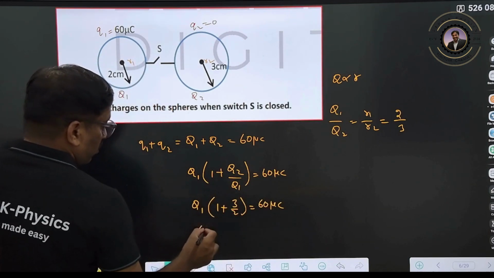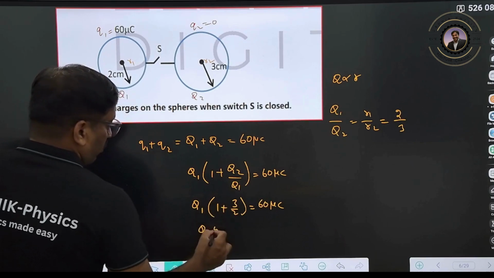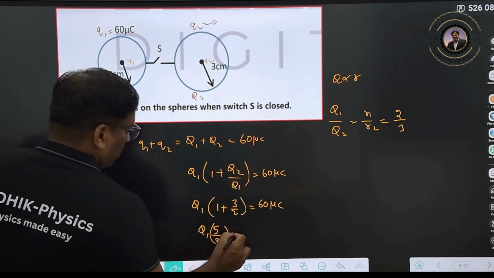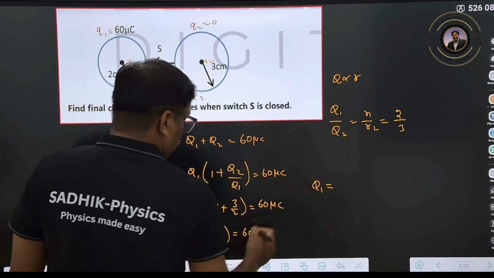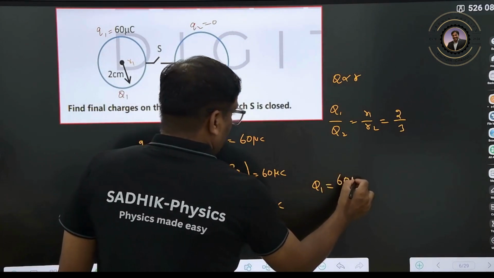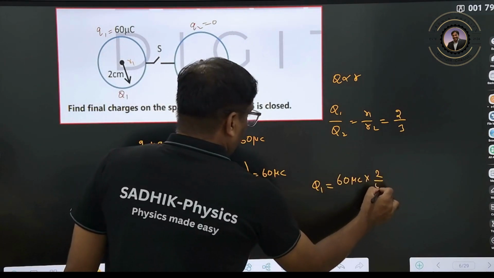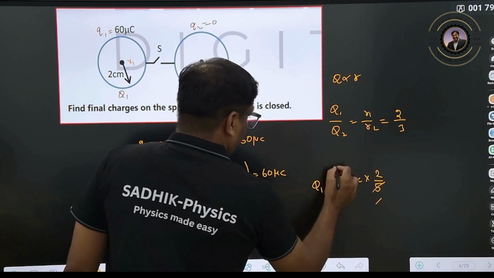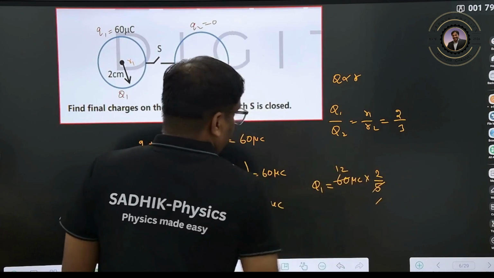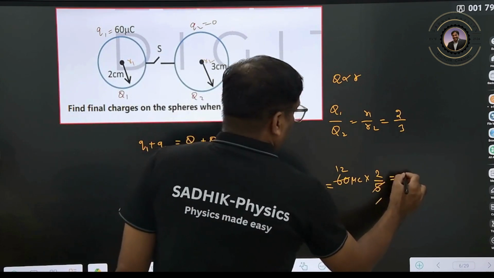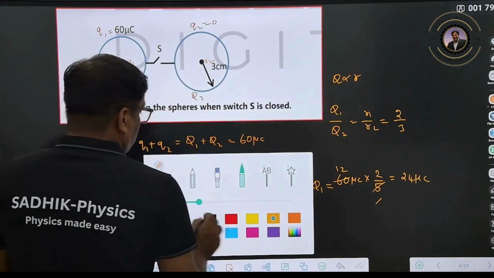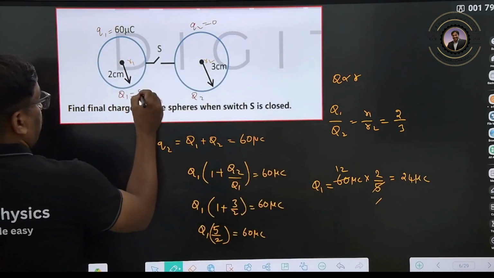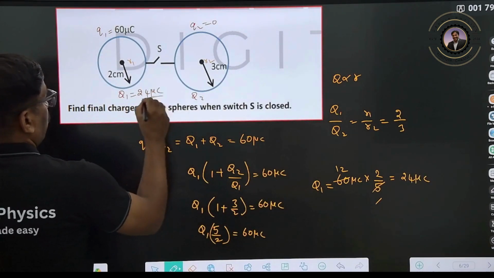So, Q1 into 5 by 2 is equal to 60 microcoulomb. Therefore, Q1 is equal to 60 microcoulomb into 2 by 5. 5 ones are 5, 12s are 24, so it will be 24 microcoulomb. So, the final charge will be equal to 24 microcoulomb.